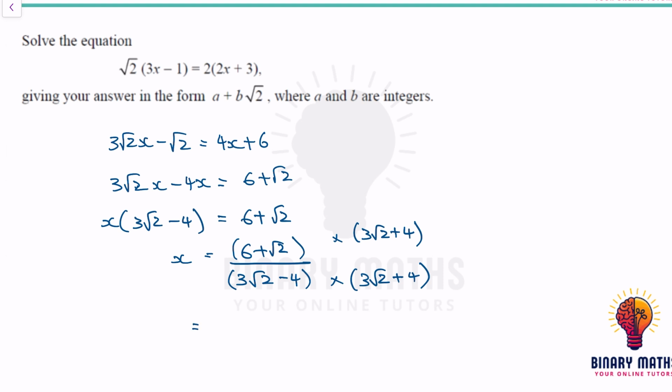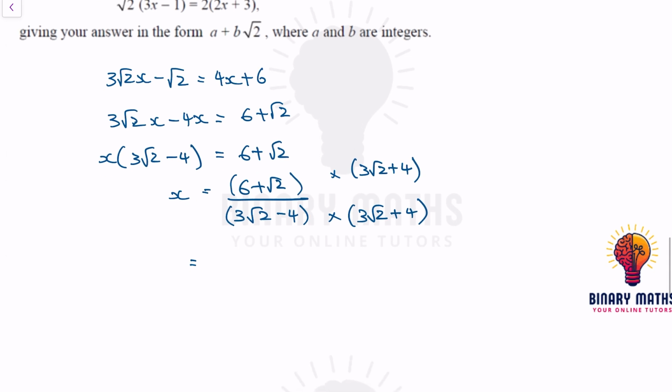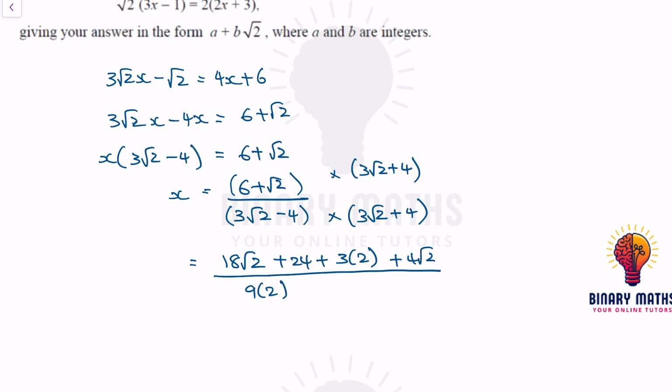So when I expand this bracket out, 6 times 3 root 2 gives me 18 root 2 plus 24 plus 3 times root 2 gives me 3 times 2 plus 4 root 2 all over. I only need to think of the first and the last term for the denominator. It gives me 9 times 2 take away 16.